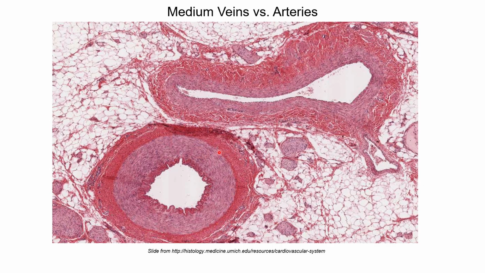Adventitia in veins is much larger than adventitia in corresponding arteries. So this is a comparative example to show you both. And here you can see the cross-section of nerve fibers and of fat tissues all around the neurovascular bundle.